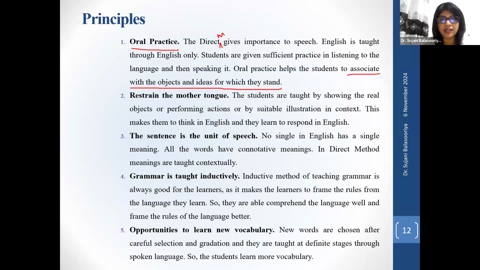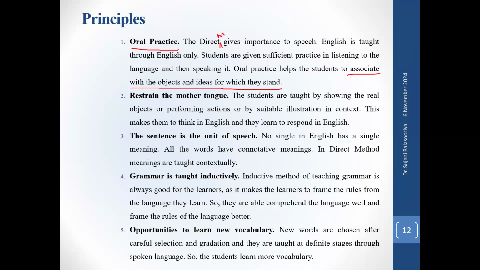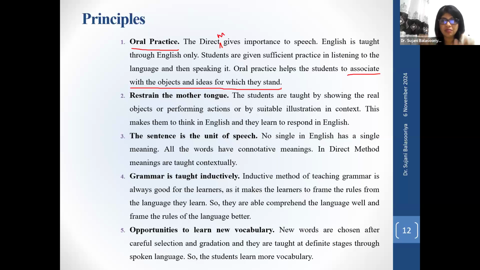Did you get that idea? Yes, ma'am. Philip? Yes, ma'am. I got it. That is the most important focus here in direct method. That is why we call it direct method, right? Okay, and I really appreciate, Philip, your sharing of the ideas.